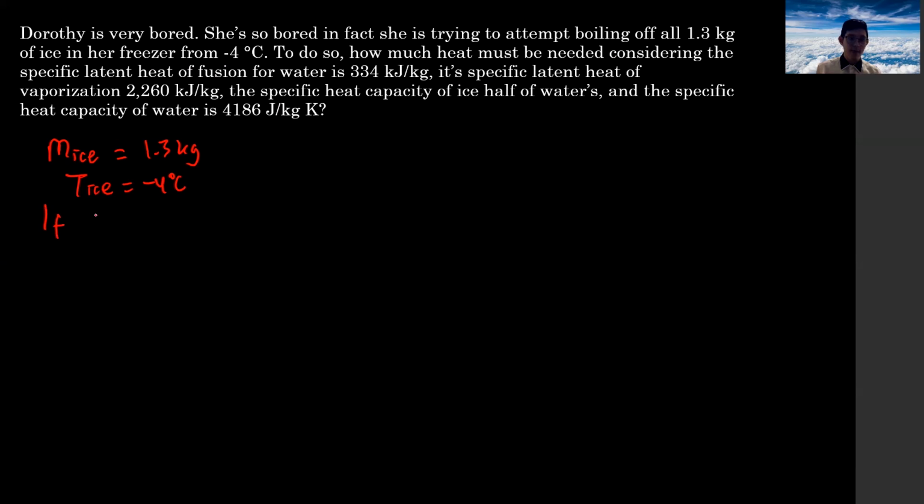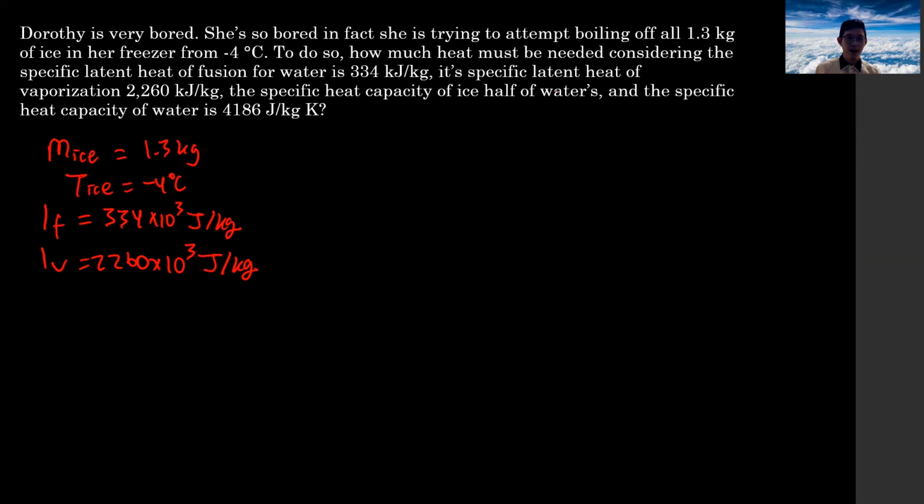So LF is 334 kilojoule, or we can convert that into joule by times 1000: 334 times 10 to the power of 3 joule per kilogram. Its specific latent heat of vaporization, LV, is equal to 2260 kilojoule. Turning that into joule is times 10 to the power of 3 joule per kilogram.